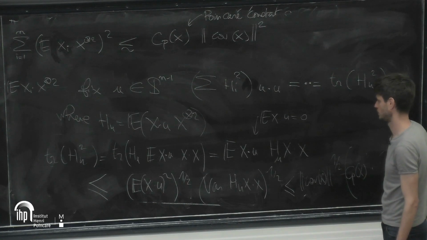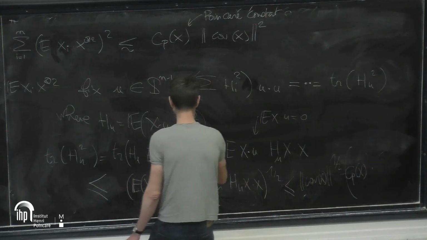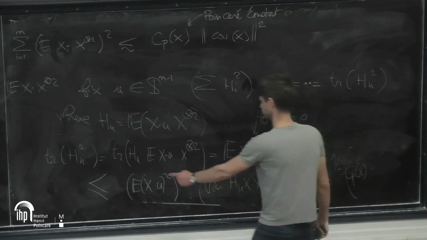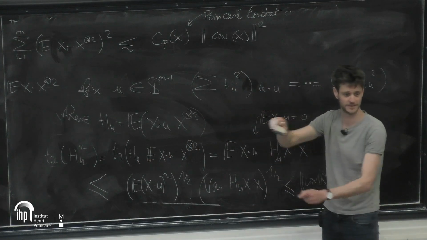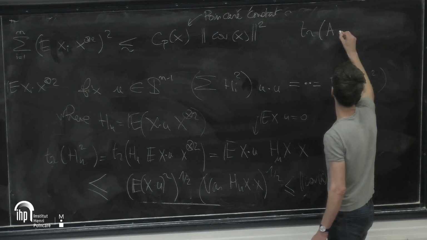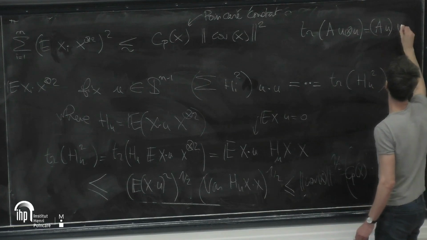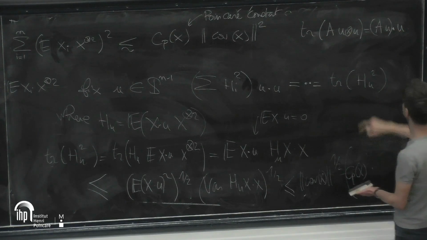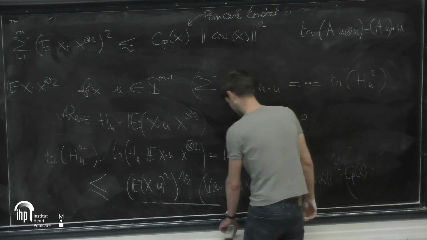The second equality in the line that starts with trace. Ah, sorry, this was tensor 2. I claimed this is a permutation of the trace. Yeah, there is some linear algebra. It's fun.